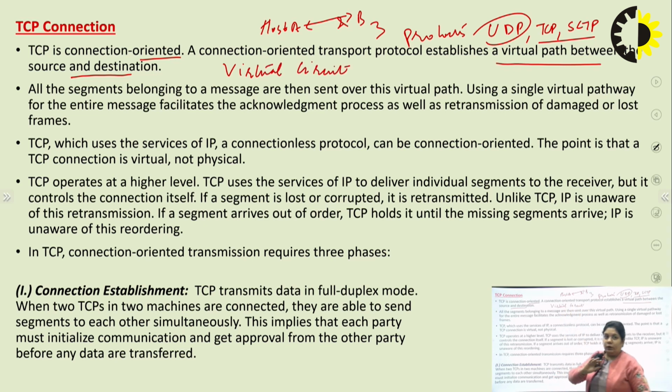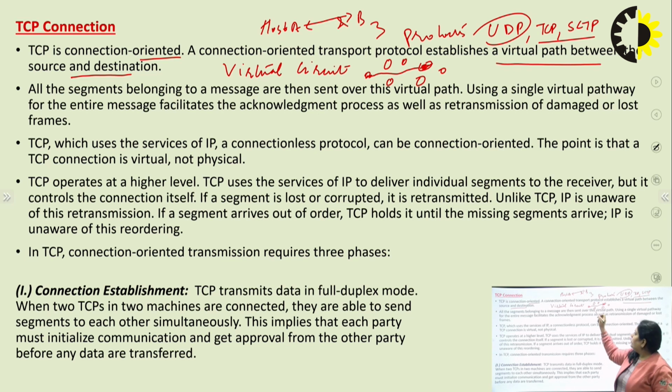Now what is virtual circuit? Suppose we are having hosts here and we have to transfer data between any of the two hosts. Suppose we are taking this host and this one. There are many links between each of these hosts. So we make a logical path between these two in which we see that there is minimum congestion.